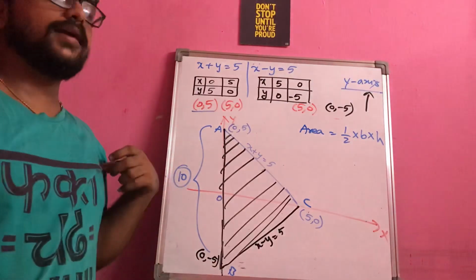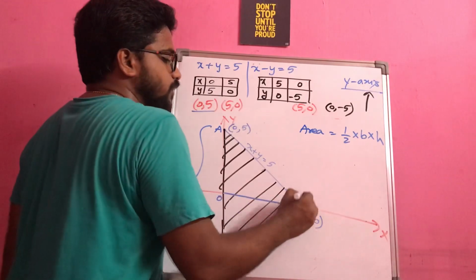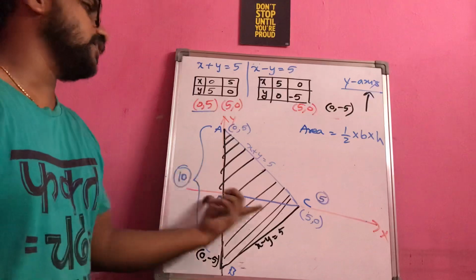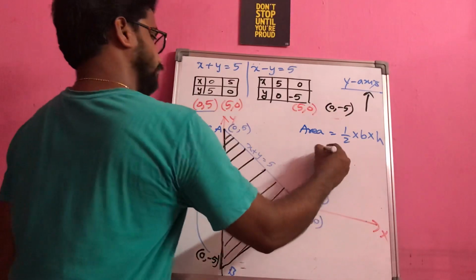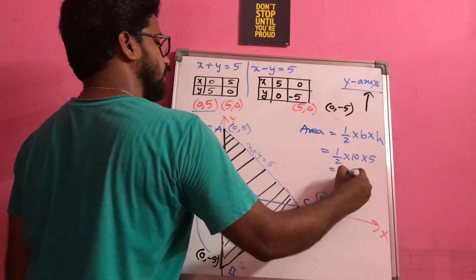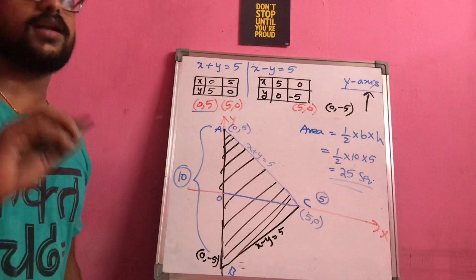So you will get the base as 10 units. And you can see this OC length is 5 units. So the base is 10 units, the height is 5 units. So half into 10 into 5, which gives me 25 square units, the required area of the triangle.